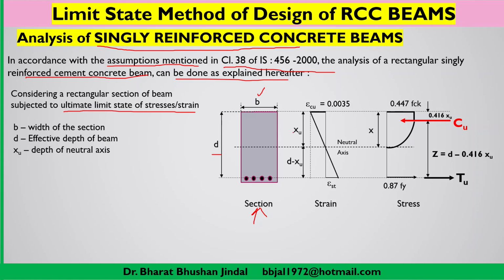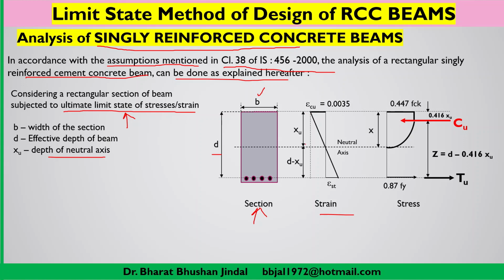Now we have the depth of the neutral axis. The dotted line indicates the location of the neutral axis. When we draw any strain diagram for an RCC section, above the neutral axis compressive strains develop, and below the neutral axis we expect tensile strains to develop, considered when the ultimate limit state of stresses is reached.